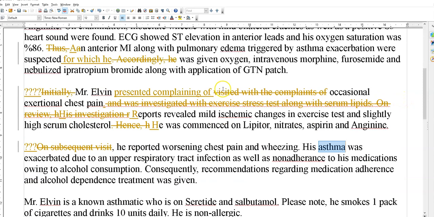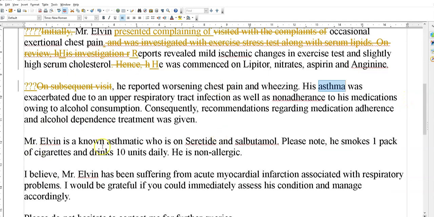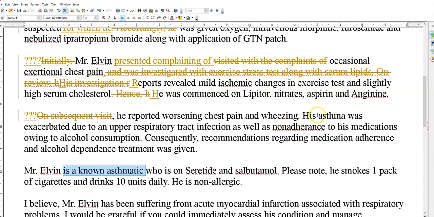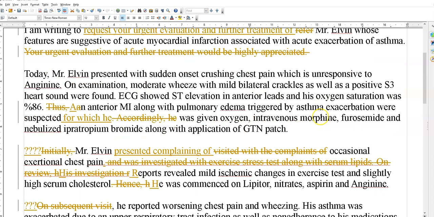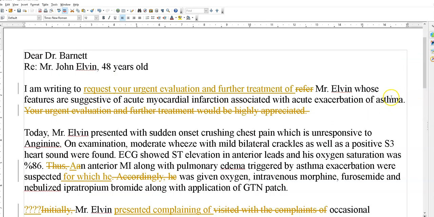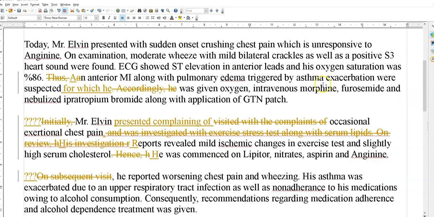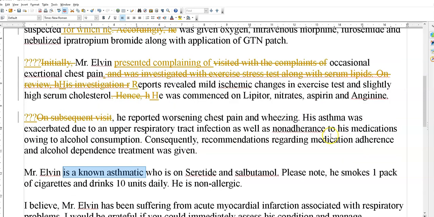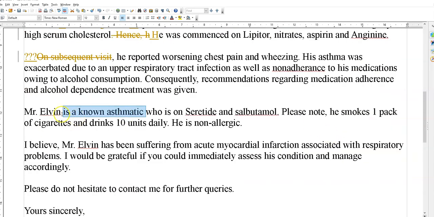So you mentioned the asthma, and then here you said, well, he's a known asthmatic. Well, you've already told us this. You've already said, okay, acute exacerbation of asthma. Where else did it say asthma? His asthma was exacerbated. So it's kind of pointless telling us now.